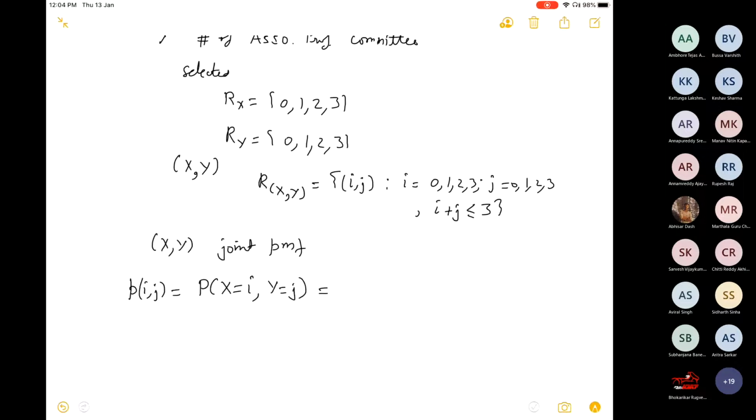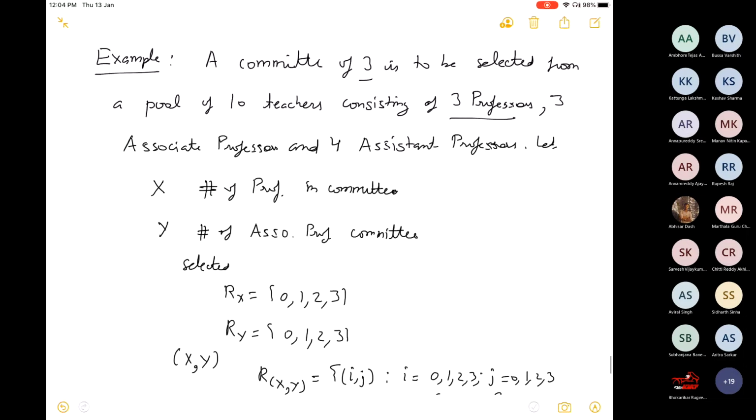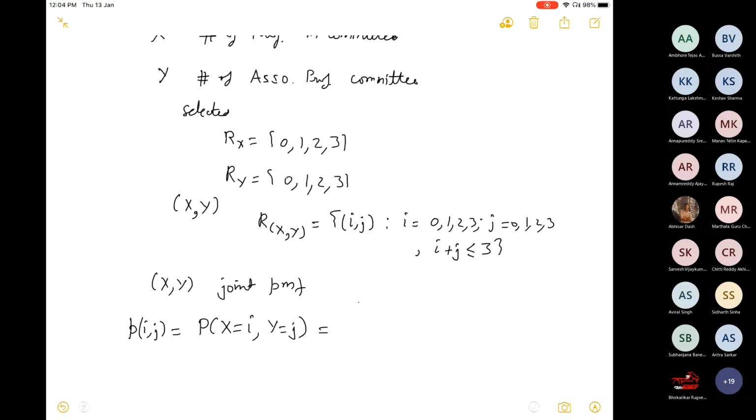Out of 3 professors, i can be selected, and out of 3 associate professors, j are selected, and the remaining 3 minus i minus j are selected out of 4 assistant professors, divided by 10C3.